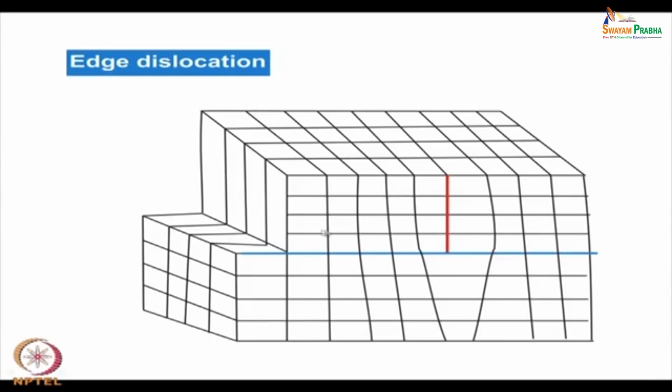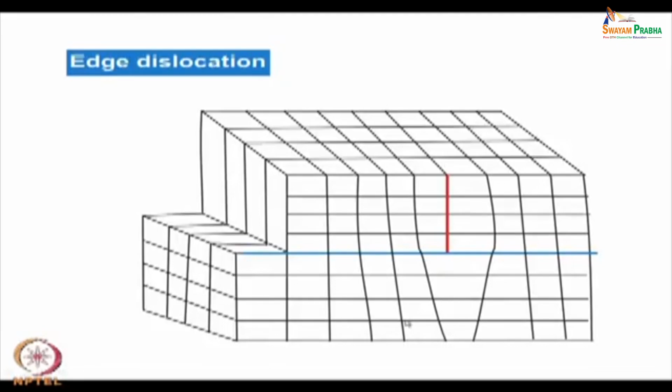Normally, if there is no defect in this, what would happen? There will be a cooperative, simultaneous movement along this middle plane. All the atoms above this plane will try to move to the right, and all the atoms below that plane will try to move to the left.